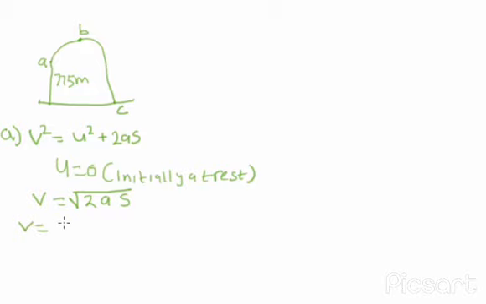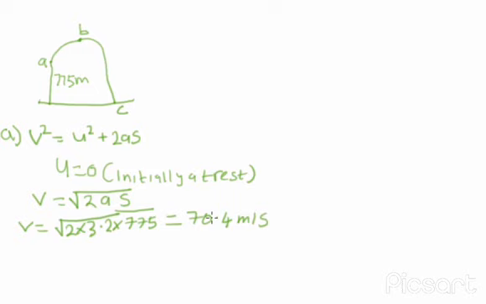So V will be equal to the square root of 2 times 3.2 times 775. So if you use your calculator, you have 70.4 meters per second. Note that we have taken the upward direction of motion of the rocket as positive.